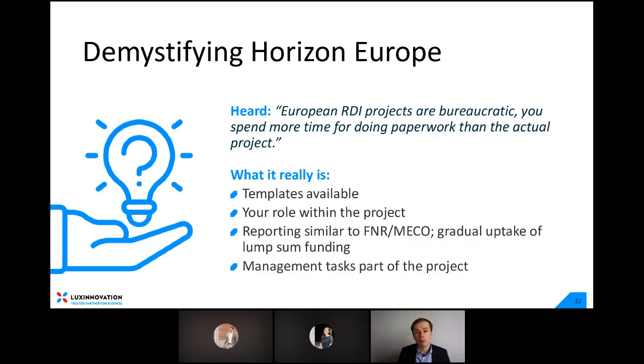Plus, there is more and more this concept of lump sum funding coming up from the Commission, and we'll see how this develops in Horizon Europe. The difference there is that during the project, you don't have to spend any time on reporting the costs for the different items. You basically spend all this time doing a very precise budget before, and then you are evaluated on that.